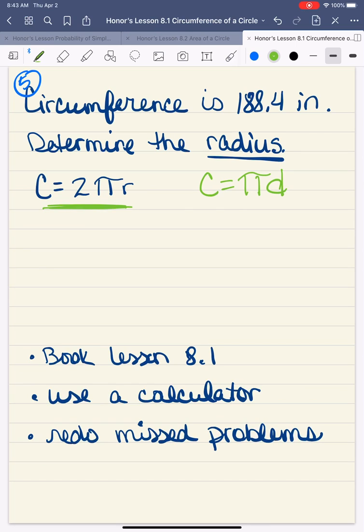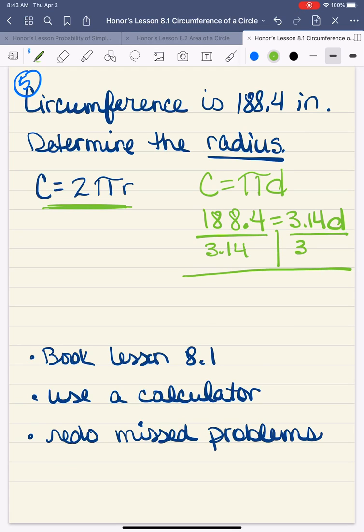So if it's easier to stay with that same formula, we're going to put our circumference in for C, our 3.14 in for pi, and we're going to find diameter. On this side, 3.14 is being multiplied by D, so to undo that, we're going to divide by 3.14. Okay, you can plug that in, 188.4 divided by 3.14.